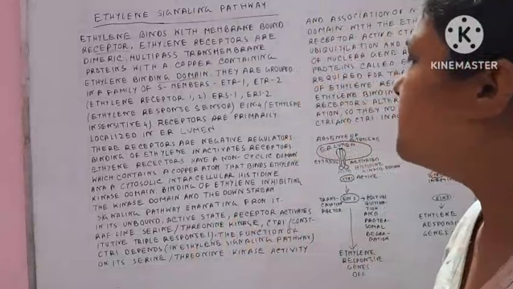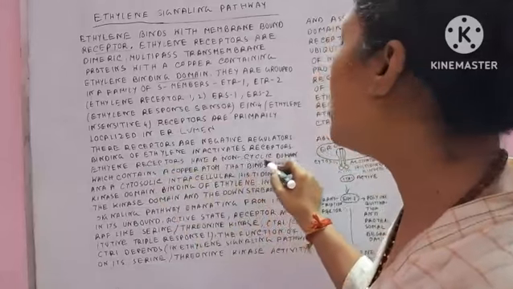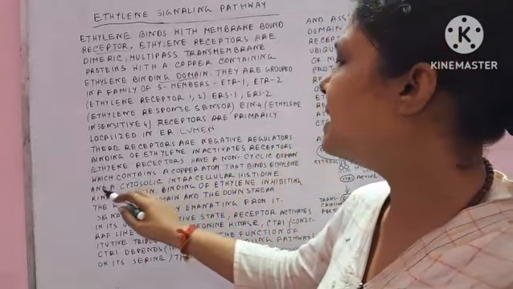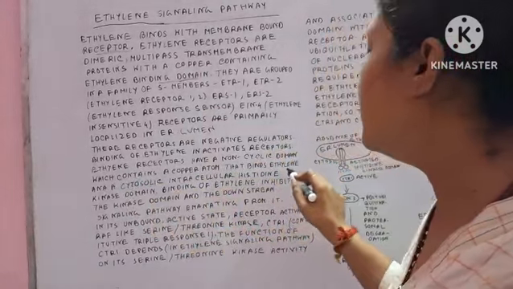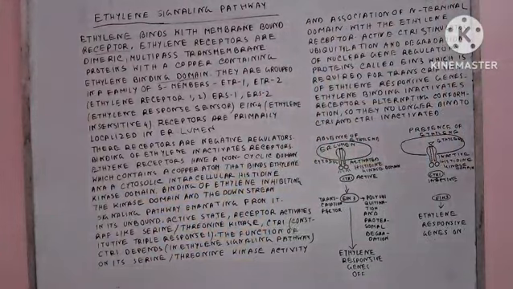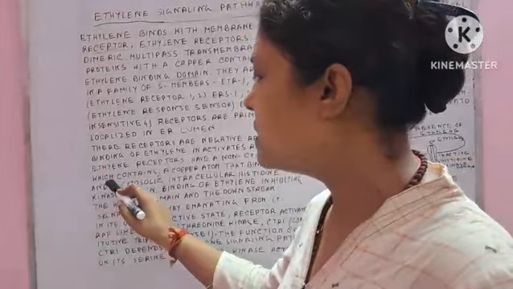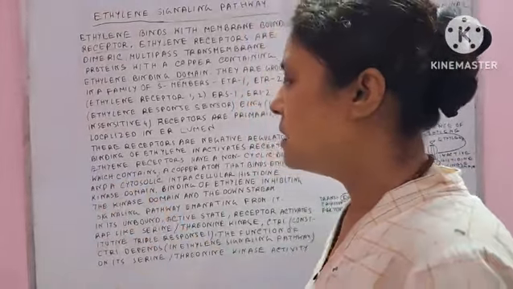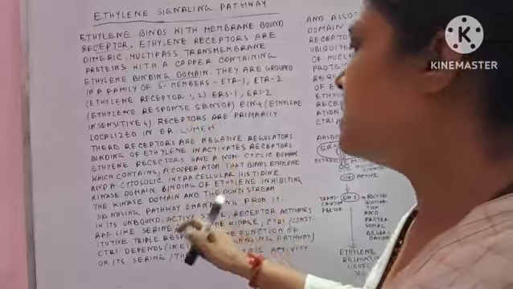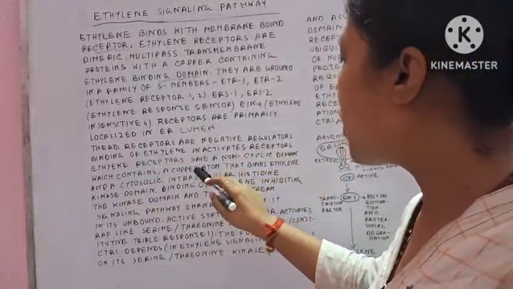And here the receptors have the N-terminal domain, which contains a copper atom, and that binds ethylene, and a cytosolic histidine kinase domain. Sorry, there was a mistake, there is an AND and it must have it. So the receptors have the N-terminal domain, and this contains a copper atom.